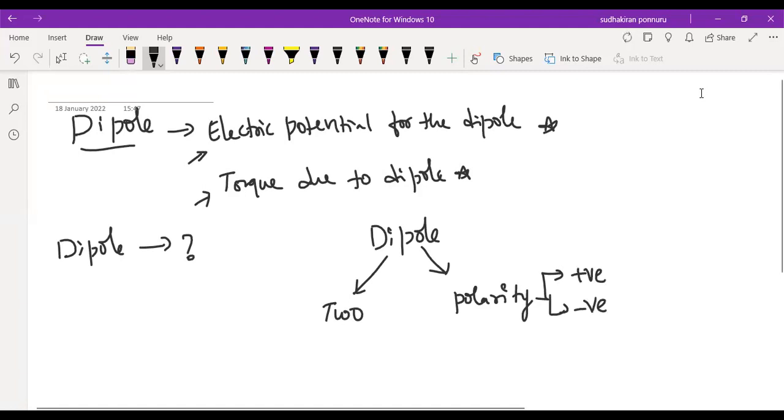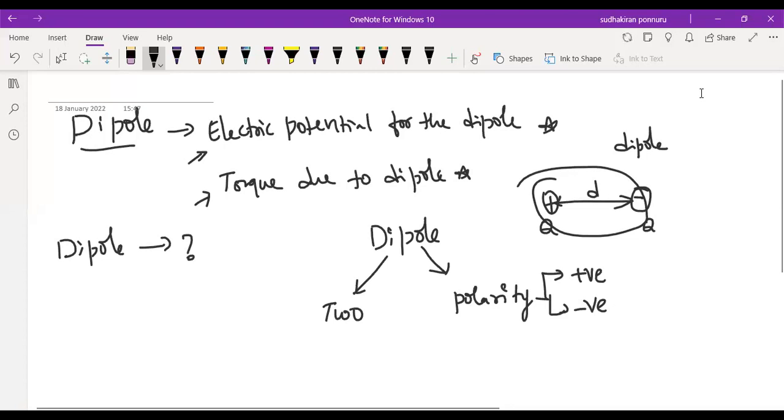If you take two point charges, let it be plus Q and minus Q, a positive point charge and a negative point charge, and they are separated by a distance d, then this altogether is called a dipole.